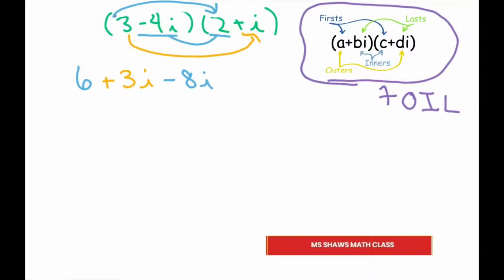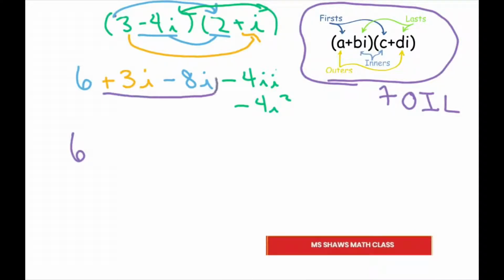And then our last are these 2 right here. And that's going to be negative 4 times i times i. 2 i's there. So basically this equals negative 4i squared. The only thing we can add up here, we can have the 6. We can add these two.